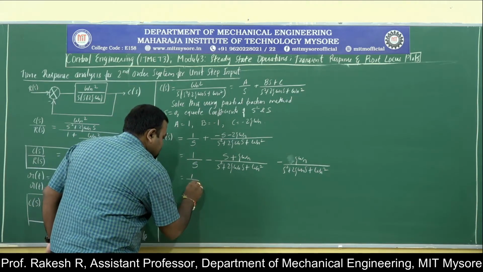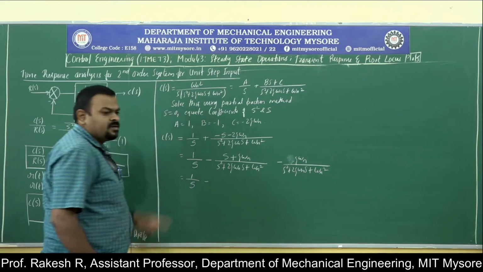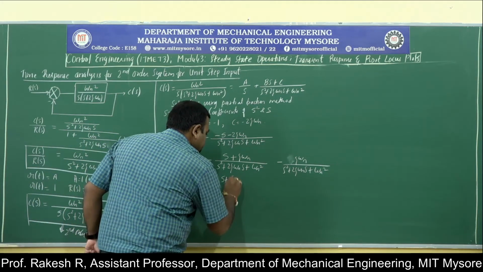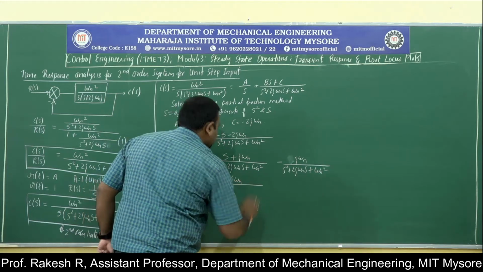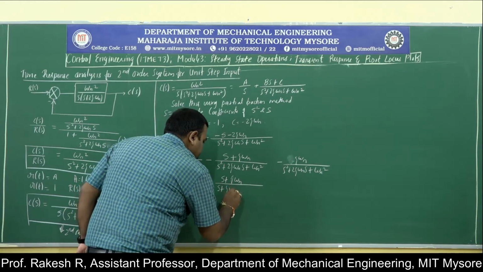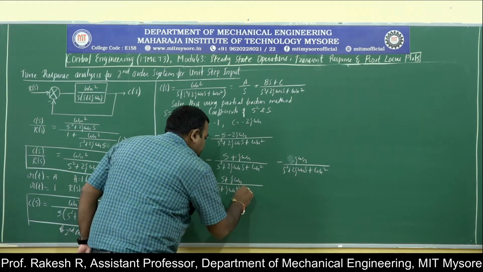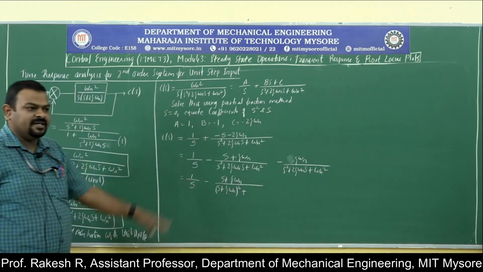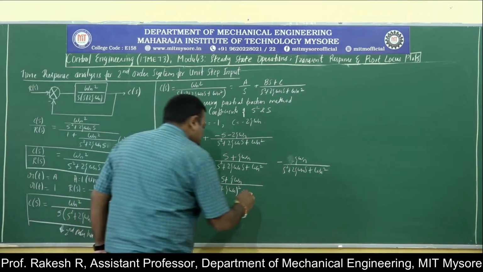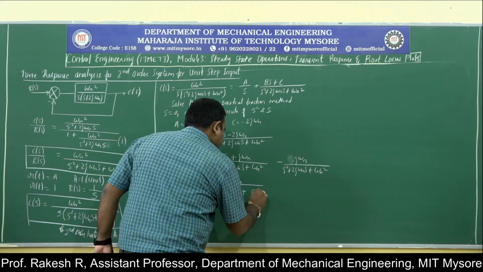So 1 by s minus, I will be retaining the numerator, s plus zeta omega n, divided by, I will try to express this as s plus zeta omega n whole square plus omega n square.